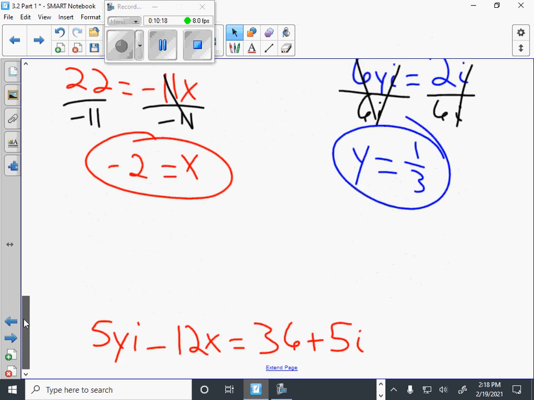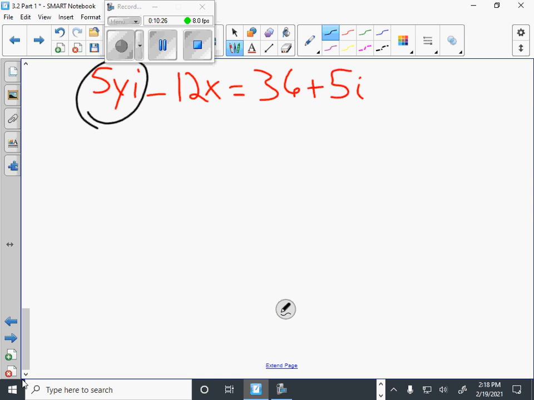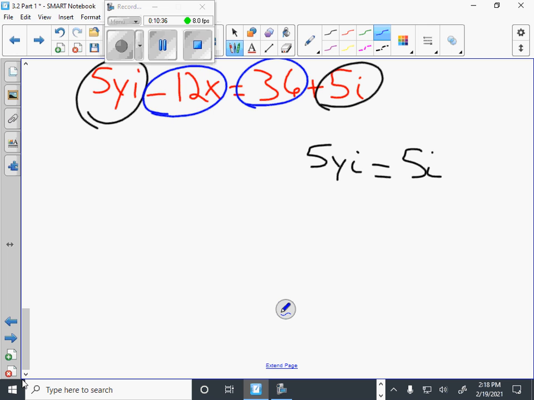And finally, last one. Break it down. 5yi is equal to 5i. And negative 12x is equal to 36. Divide by negative 12 on both sides.